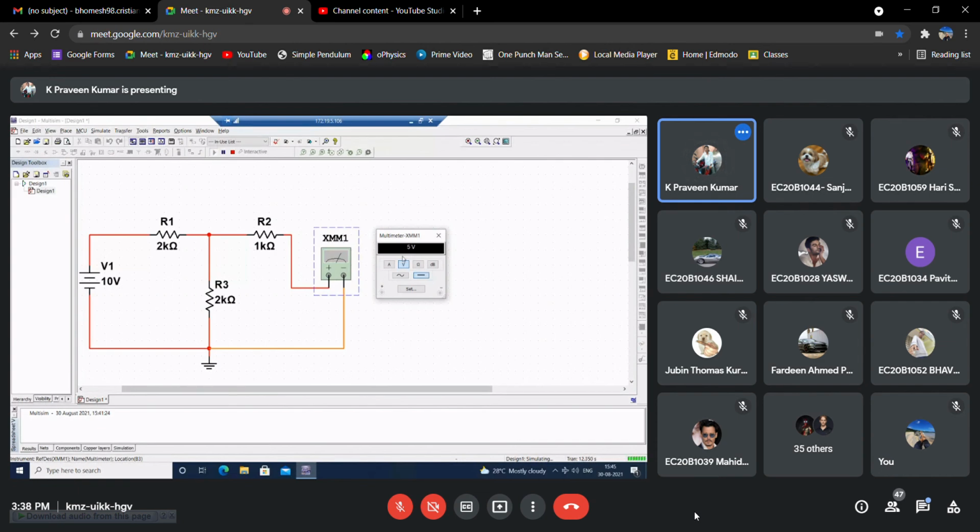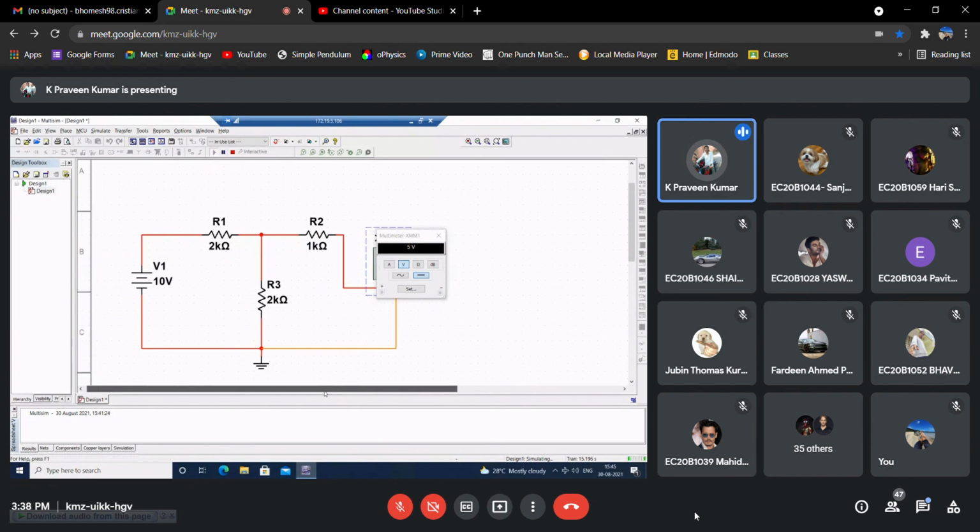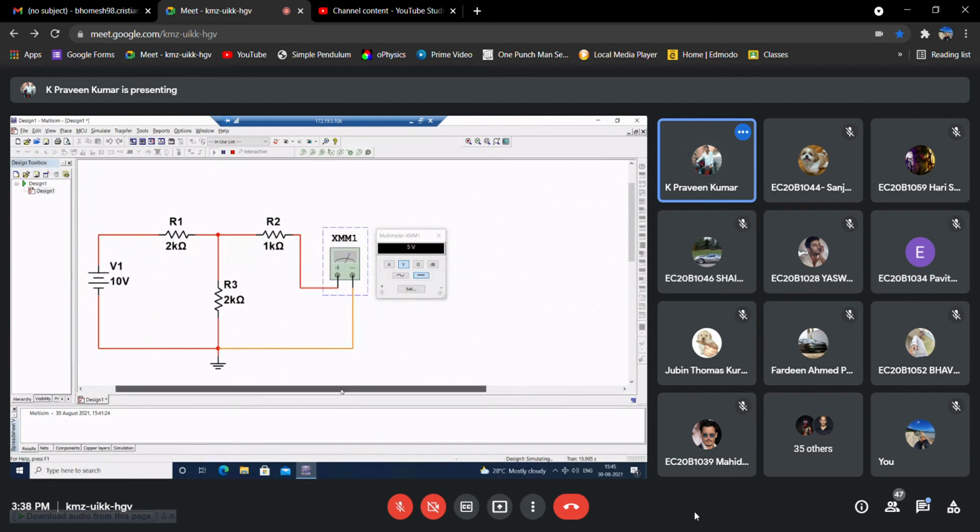Now how about RTH? We have discussed two ways. One is to calculate the short circuit current, or otherwise calculate the equivalent resistance by removing all the independent sources. If you want to calculate the short circuit current, just go to this button.